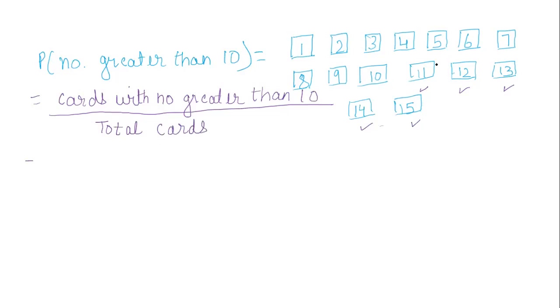What is the probability? 1, 2, 3, 4, 5. 5 cards have a number greater than 10, and how many total cards are there? 15. Total number of cards are 15. So we'll write 15 in the bottom.